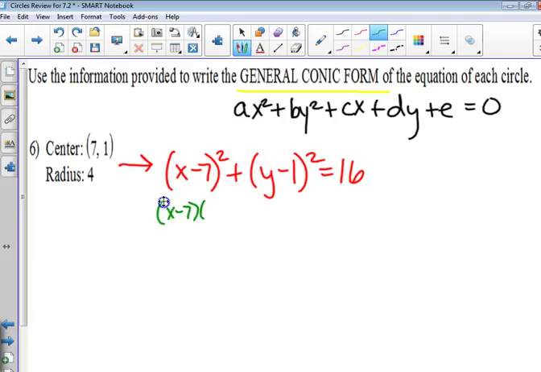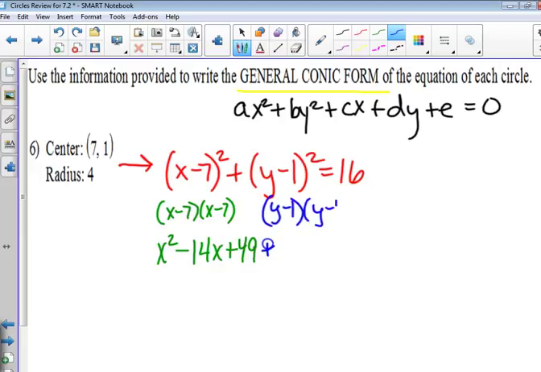When you do x minus 7 times x minus 7, you get what? Okay. We just squared that. We're going to do it backwards in a minute and complete the square. But do you see it was 14 in the middle, even though it was minus 7 and minus 7, right? Okay. Over here, y minus 1 times y minus 1, y squared.